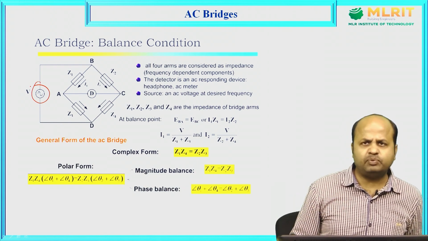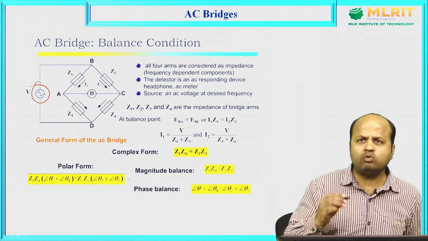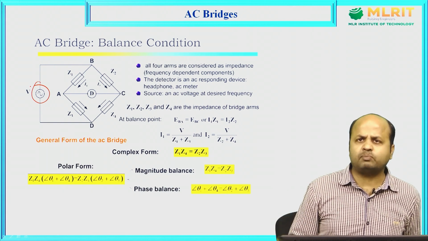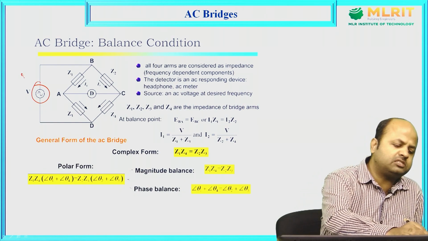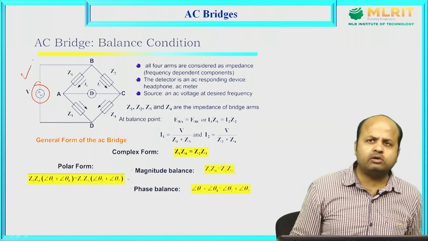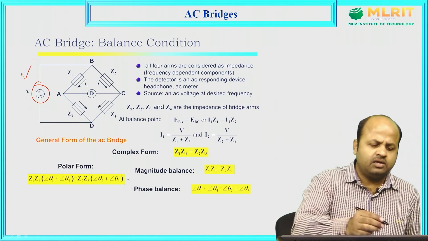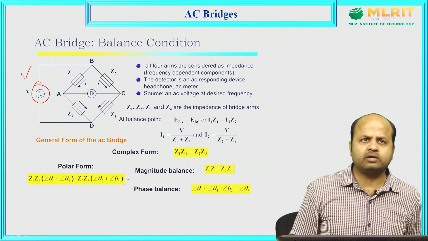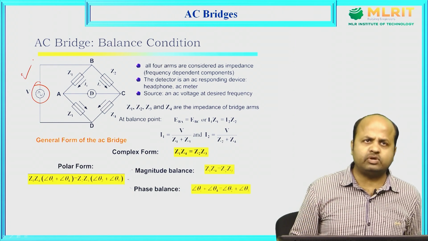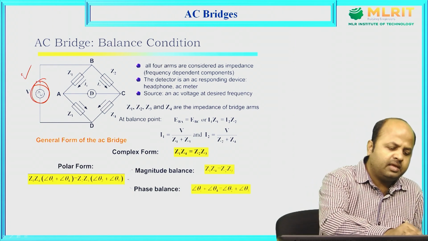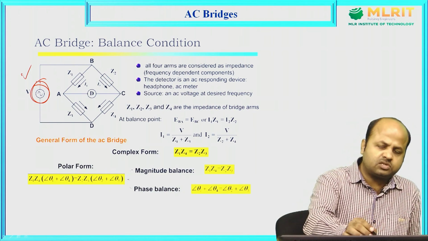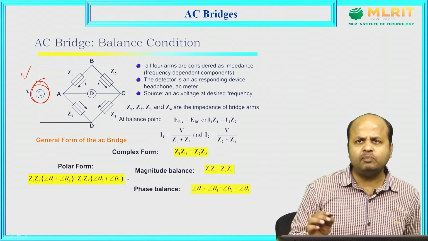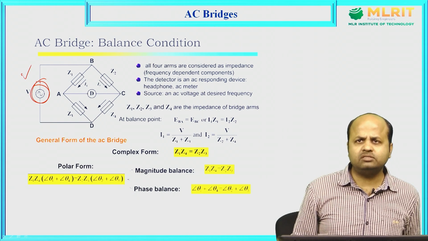Because an AC bridge consists of not only resistors, it may consist of some capacitor, inductor, and we know that whenever we apply a DC source here, the capacitor will act as an open circuit and the inductor will act as a short circuit. So in order to avoid those situations, we have to apply the AC voltage source in AC bridges.